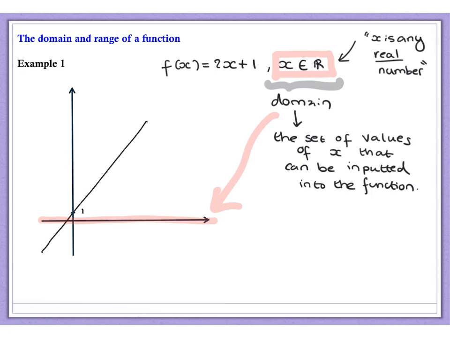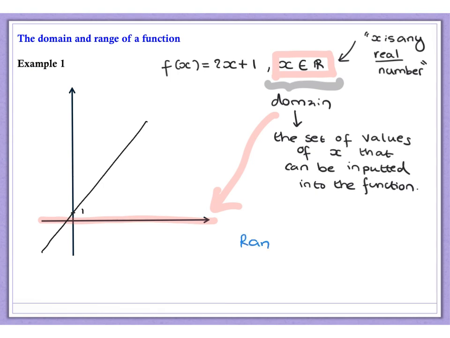with a y-intercept there. Now, the range this time refers to the set of possible y values that can be generated from this particular domain. So if we're allowing any x value to be inputted into the function y equals 2x plus 1, which is a simple straight line, then any possible y value can also be generated.